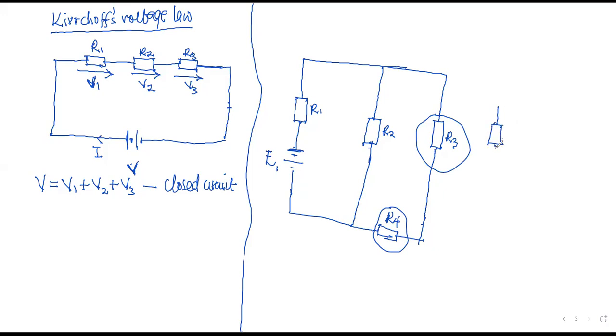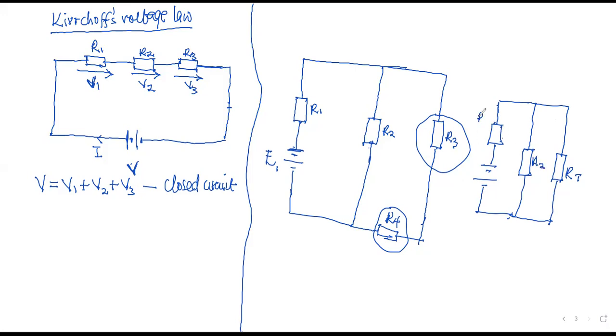I just want to introduce a quick sketch if we have that situation. So a single resistor R2, because we can combine R3 and R4, they'll combine to give us one resistance. Let's call this R total, because we've combined 3 and then 4. This is R2. This is R1.